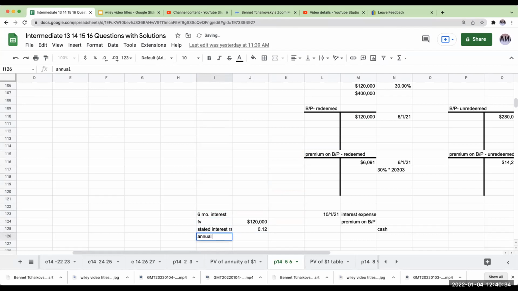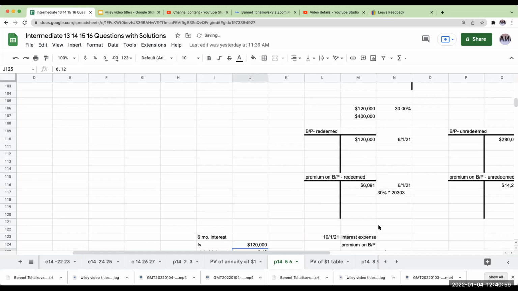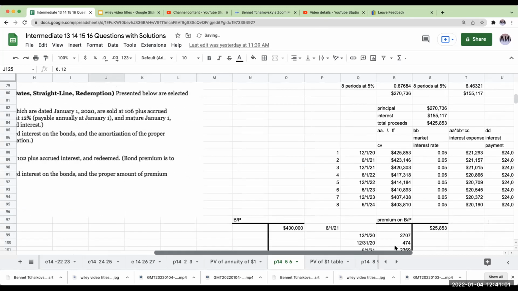So my annual interest is going to be 14,400. However, my semi-annual interest is going to be this times 0.5, or 7,200. Whenever I see an interest rate, it's always an annual rate. These bonds had a stated interest rate of 12%.